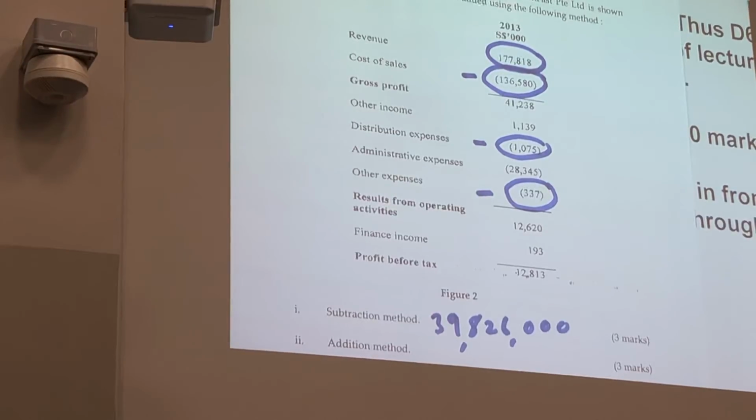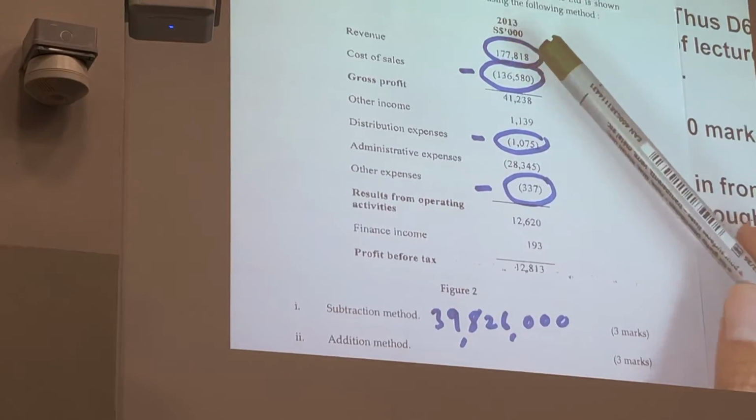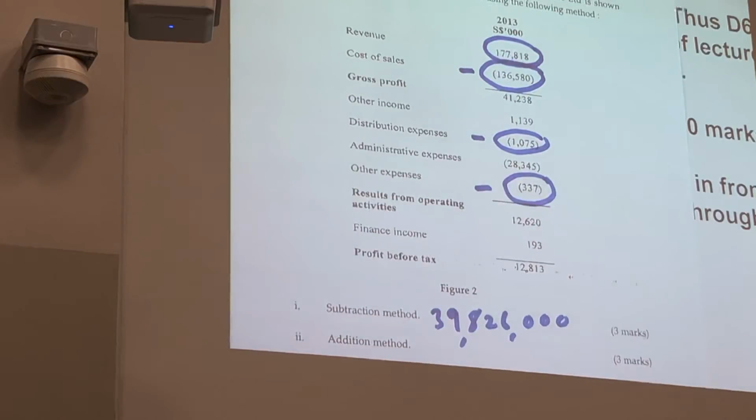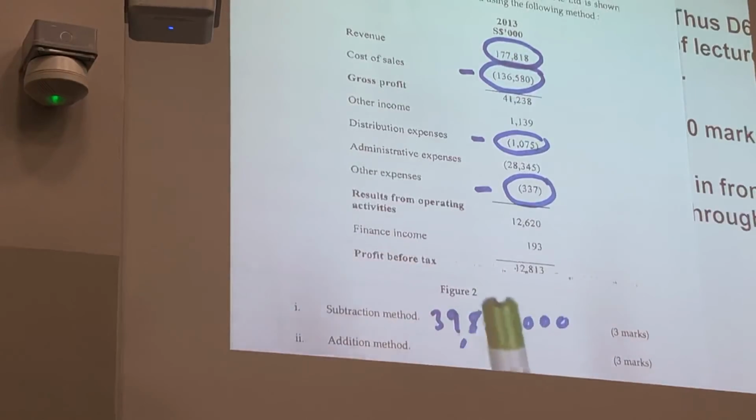Now, I give you one small piece of advice. Do you want to listen to one small piece of advice? If you want to listen, can you keep quiet? When doing this sort of value added calculation, circle them out and then leave them as they are.